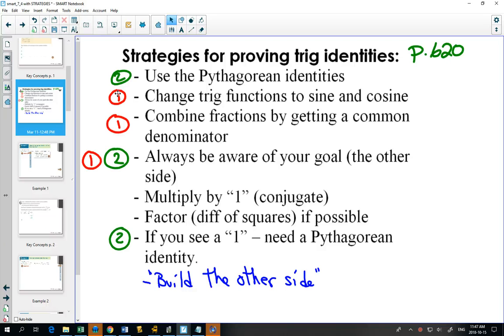My numbering system is just where we came up with these strategies. Number 1 were the first strategies we found. Number 2 is the second set of strategies that we ran into. And the last one, which we did, build the other side, is sometimes called multiply by the conjugate, or the difference of squares one where we factor. Those are more complicated ones. So just write those down, and then we'll go to some harder proofs.